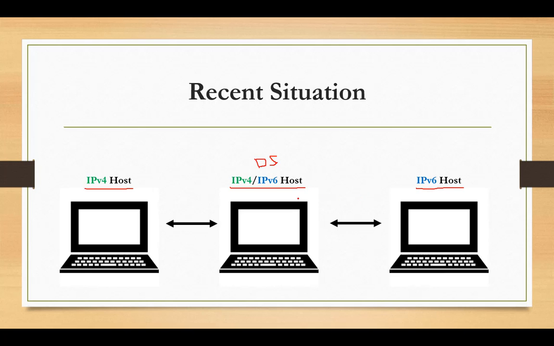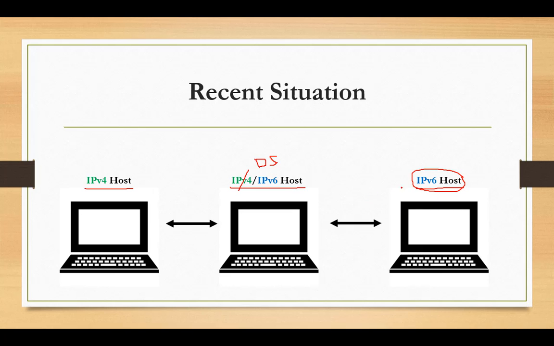coexist. But there is a problem, since the announcements made by IANA and the regional internet registries: there are no more IPv4 addresses. If you ask for an IP address, you will get only an IPv6 address.